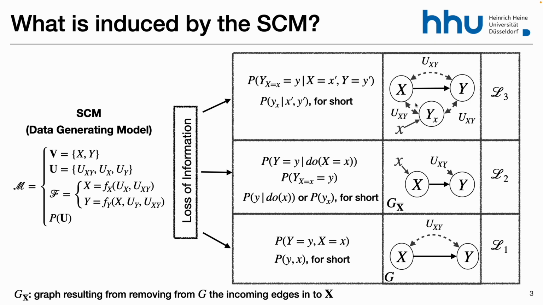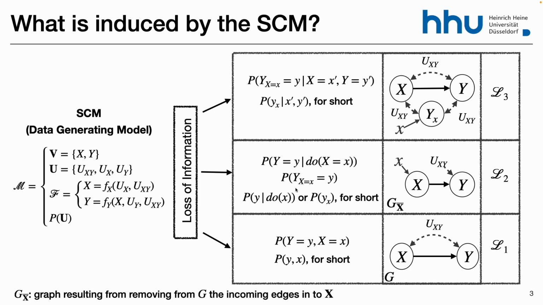So we have Rubin's framework for potential outcomes, the potential outcome framework by Rubin. It started in economics several years ago, and everything there is in terms of counterfactuals. When you want interventional queries like this one, you just write it like this.